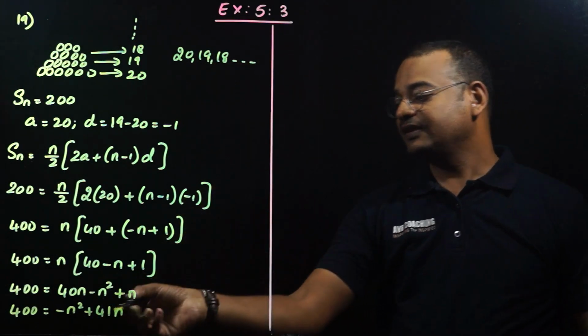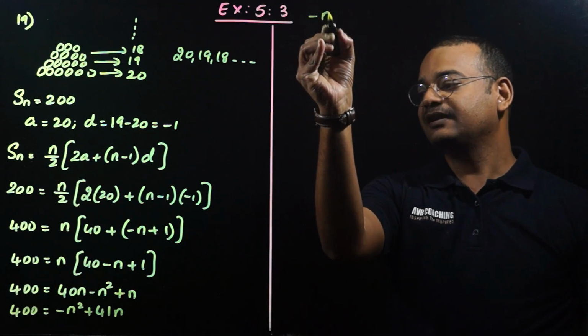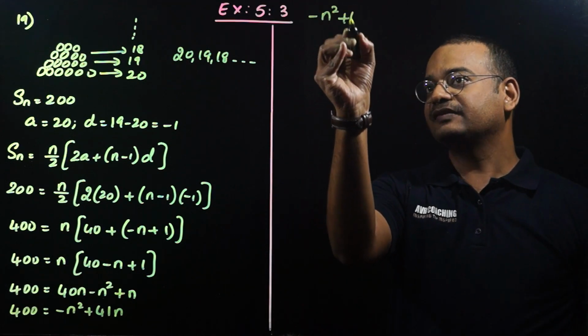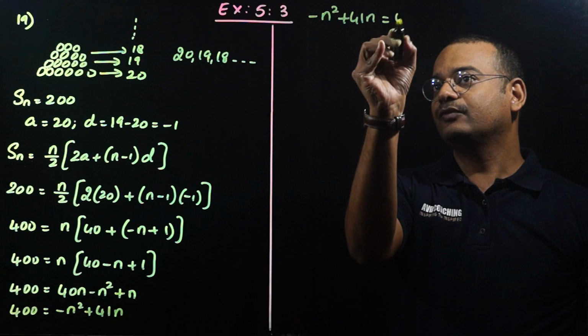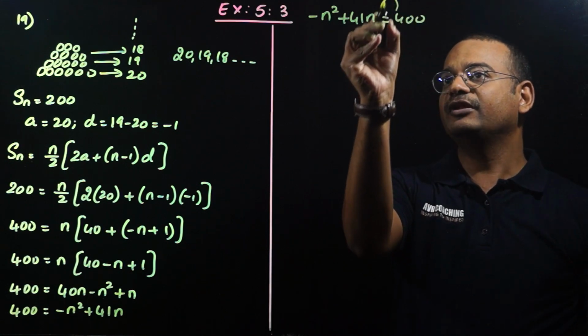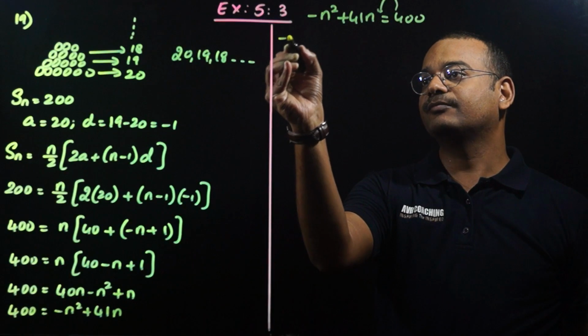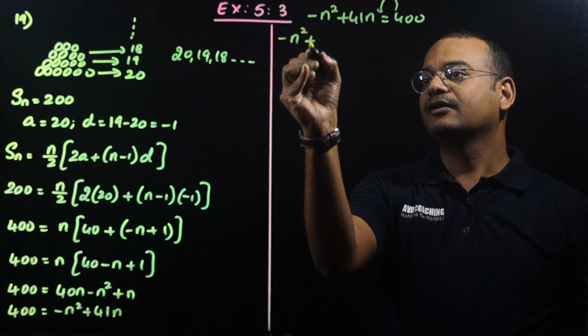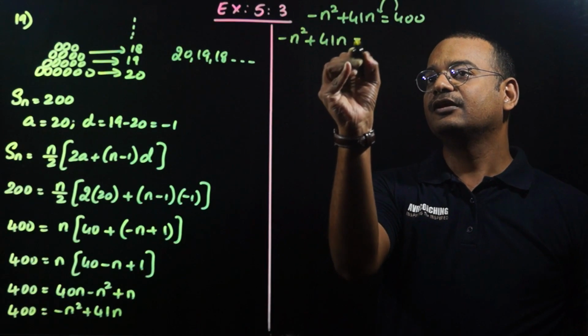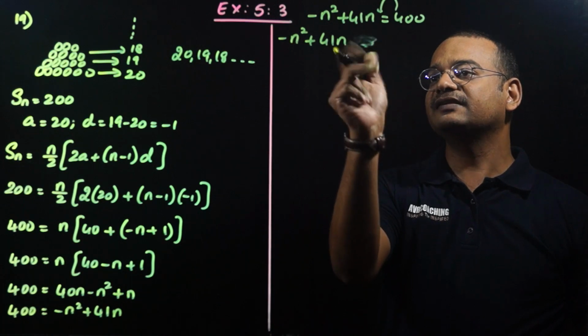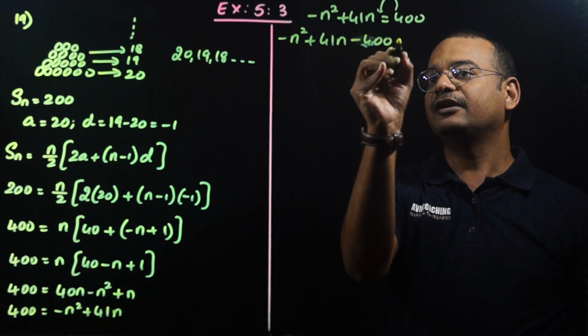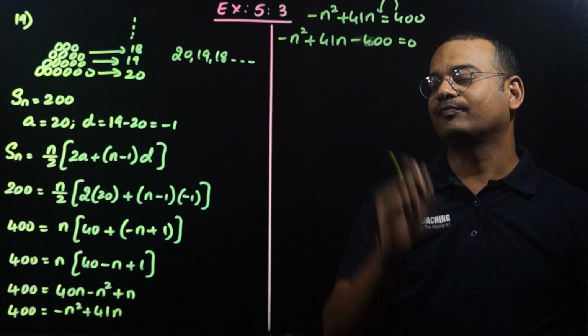Now this equation can be written as minus n square plus 41n is equal to 400. If you bring this 400 to the left hand side, it becomes minus n square plus 41n minus 400 is equal to 0.